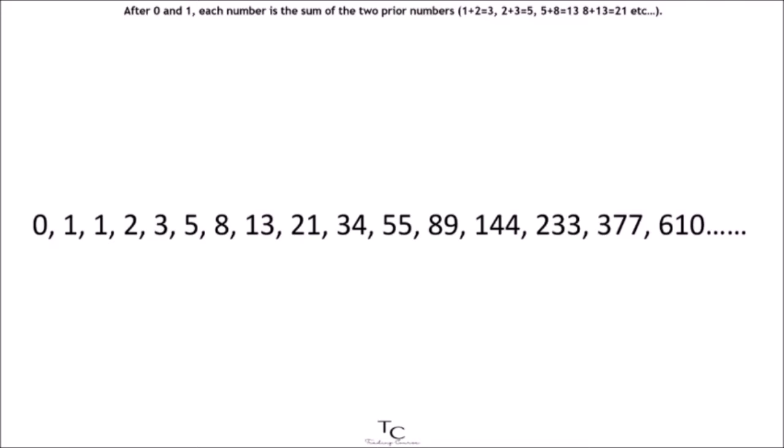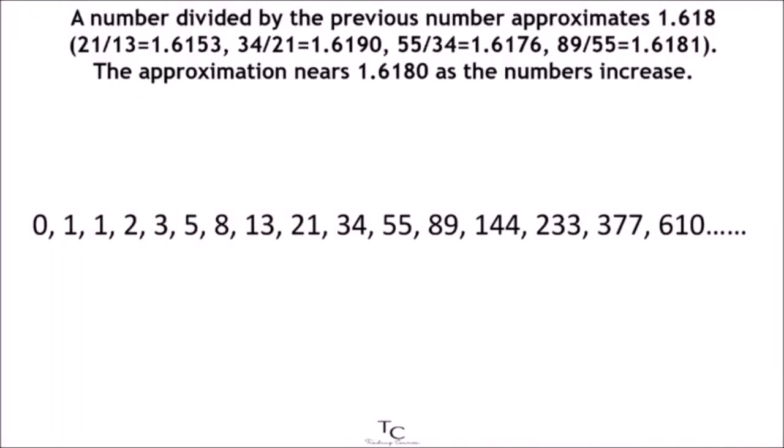1 plus 2 equals 3, 2 plus 3 equals 5, 5 plus 8 equals 13, 8 plus 13 equals 21, etc. A number divided by the previous number approximates 1.618. 21/13 equals 1.6153, 34/21 equals 1.6190, 55/34 equals 1.6176, 89/55 equals 1.6181.